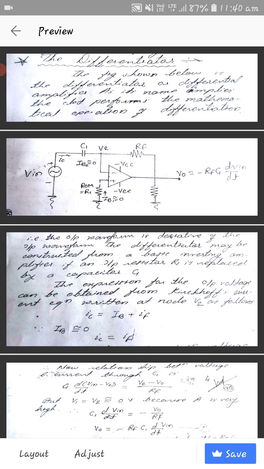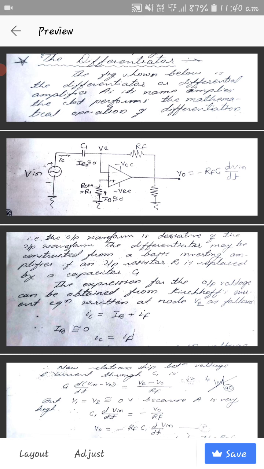So here the input voltage Vin is applied to the inverting terminal through the C1 capacitor. In the normal inverting configuration the R1 resistor is used, and here it is replaced by the C1 capacitor.